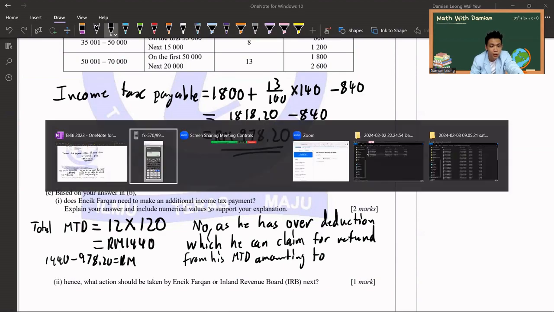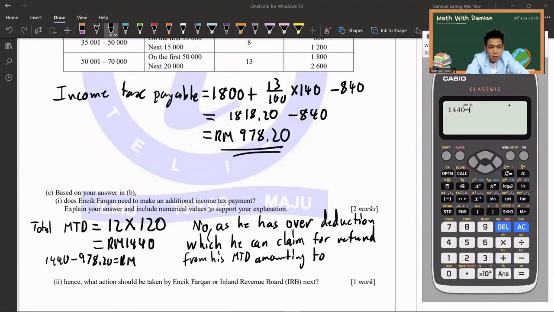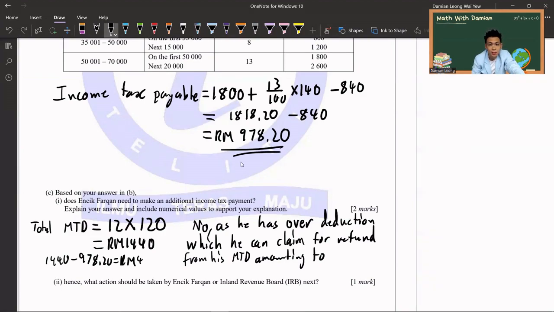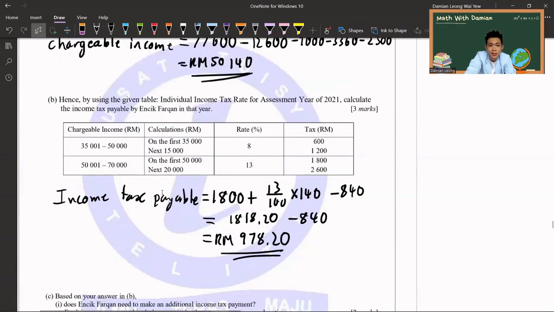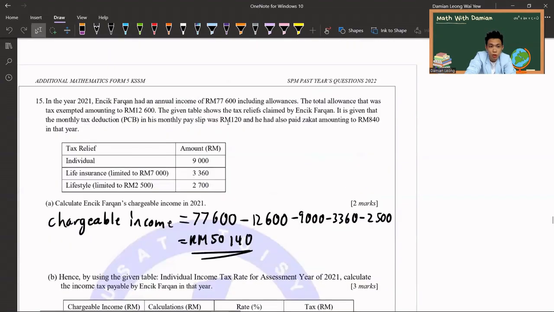So he has an extra 461 ringgit and 80 cents that he can claim for refund from the income tax department because there's an overpayment from his monthly tax deduction over the 12 months in a year.